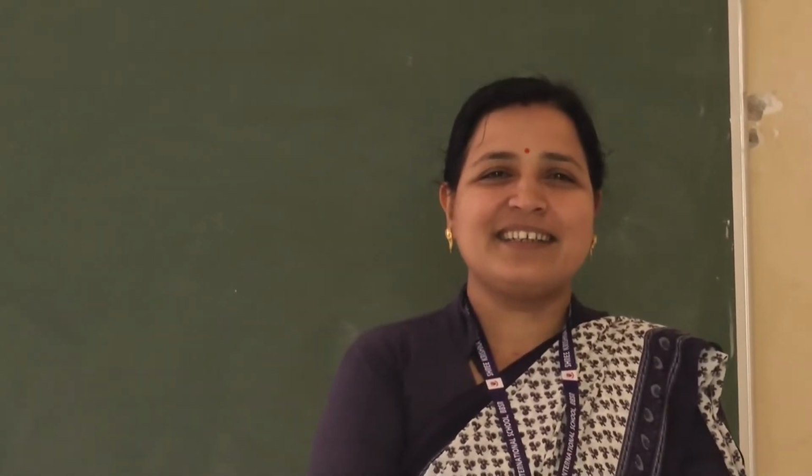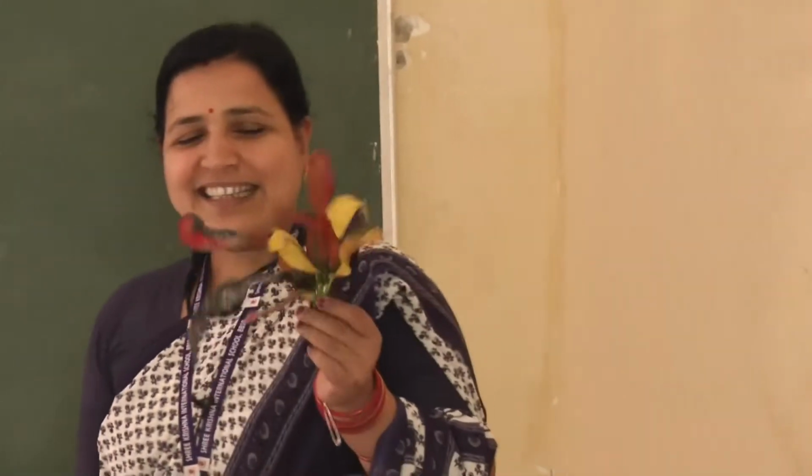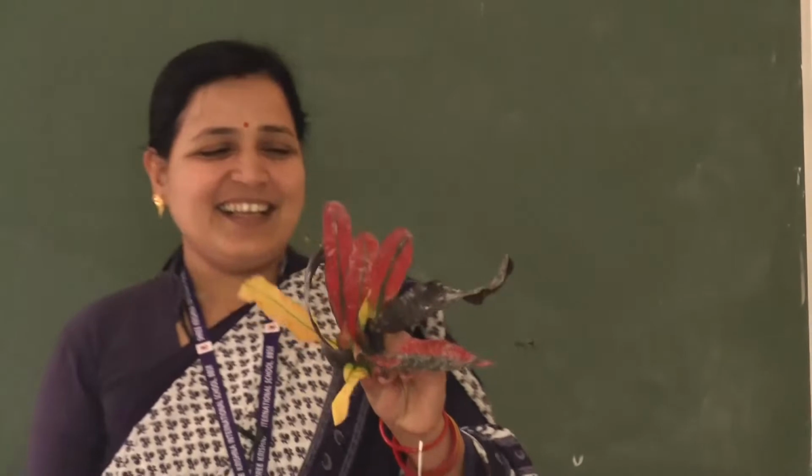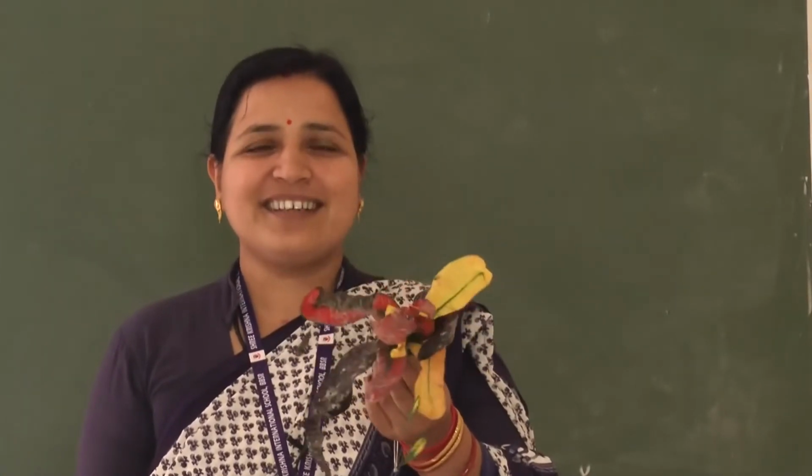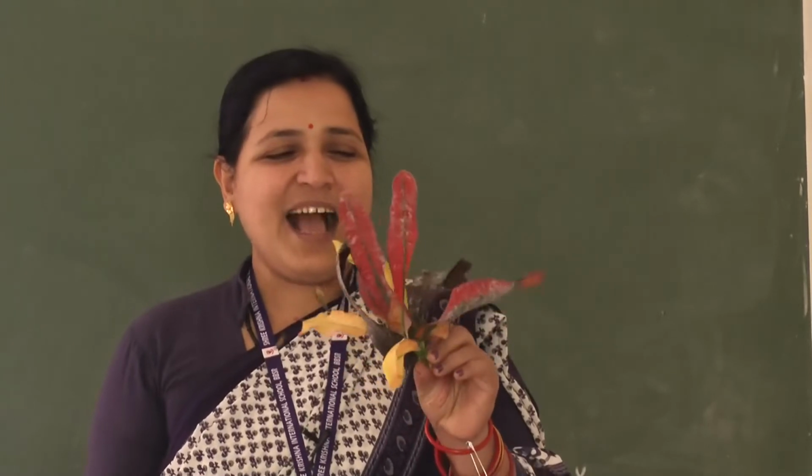Very nice. Okay, children, today I will show a beautiful plant, part of some plants. See, what is this? A small branch. Yes or no? Yes. So see how many leaves are in this branch, children.